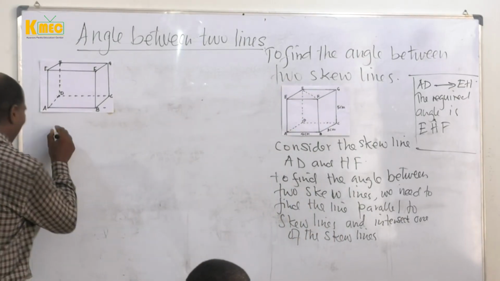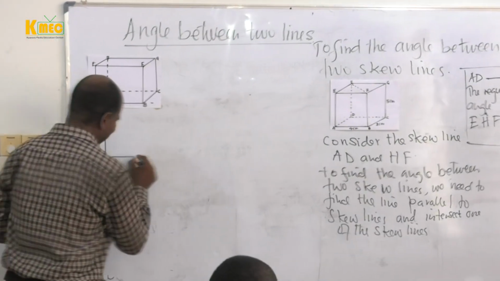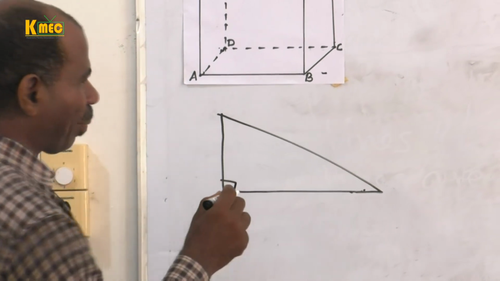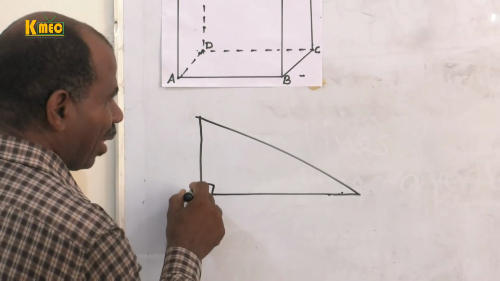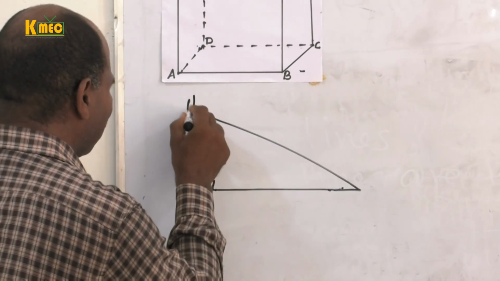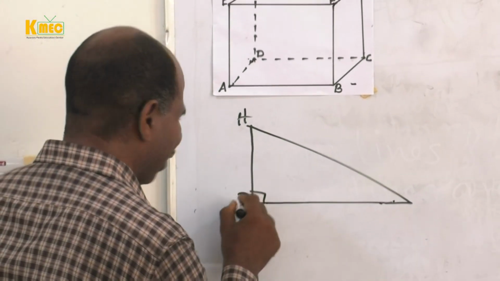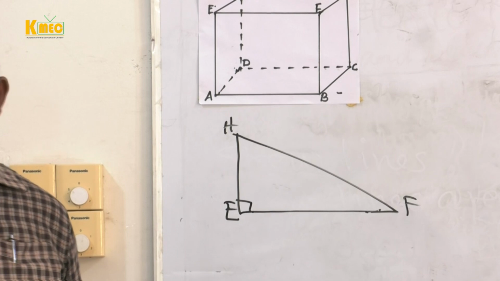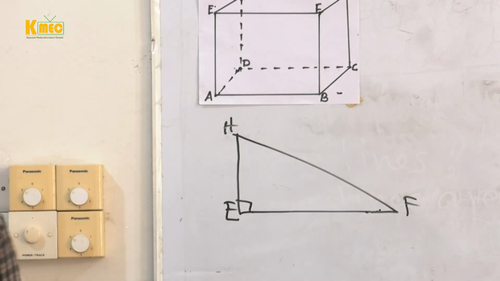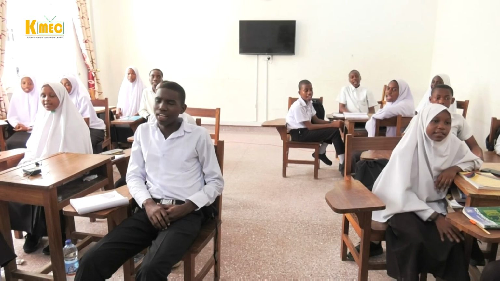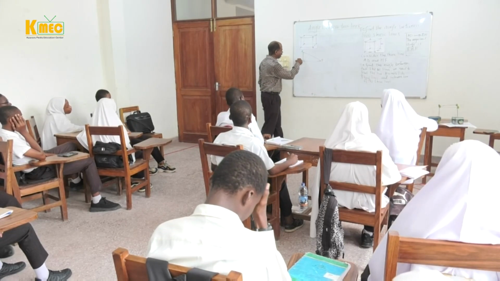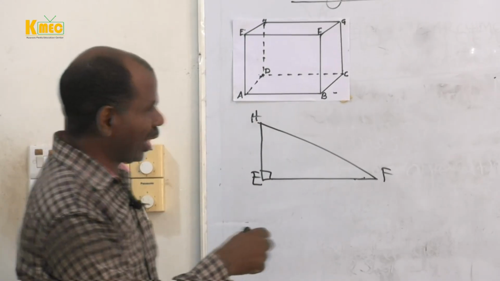So we can come up with a figure like this. This is point H, this is E, and this is F. What do we call it? This is a right angle triangle. And who can tell me the length EH?